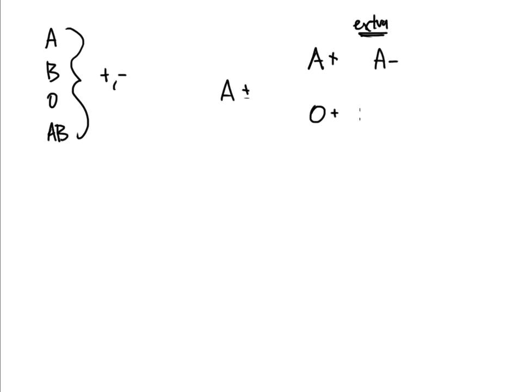So the question is, what about the negative forms of these? Could those work? And the answer is yes. This is A blood, and that matches A. This carries no RH factor, and that is okay because A minus is not bringing anything extra to the picture.